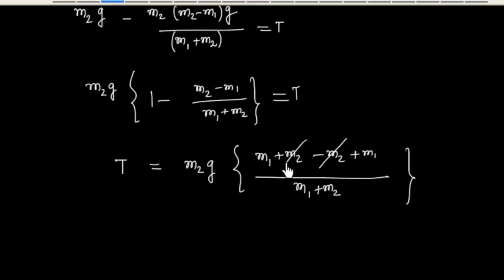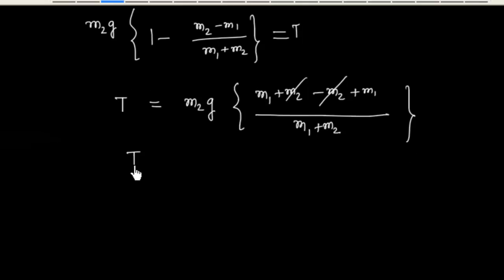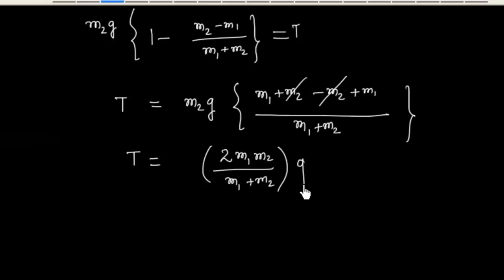So now this m2 goes, so I will have 2m1. So tension is equal to 2m1 m2 divided by m1 plus m2, and this multiplied by z. So this is the tension in the string in terms of variables m1 and m2.